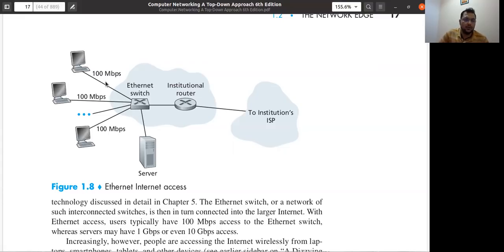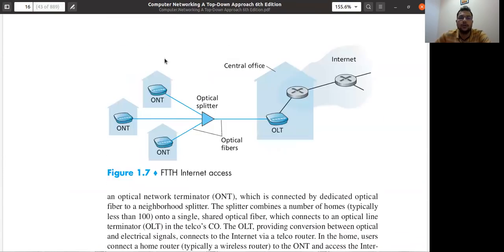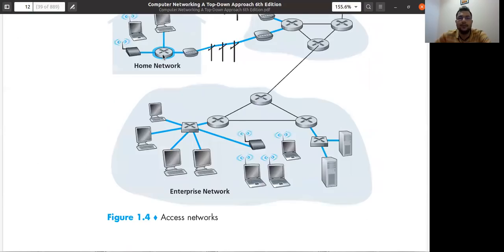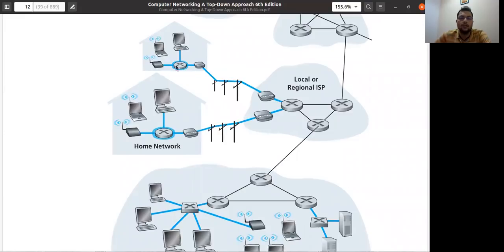Ethernet also uses twisted copper wire cables, and all of us are now using Ethernet for accessing the internet and our edge router, and in most places, even in homes, we are using Ethernet. Even if you are using DSL or cable or any of these, you are connected to a switch or router first.